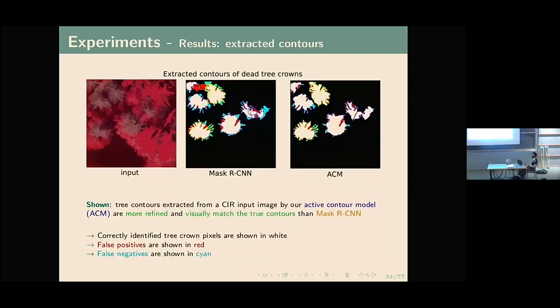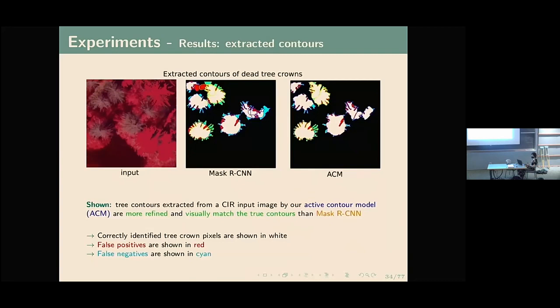Here we see an example comparison of object contours retrieved by mask RCNN in the middle and our method on the right. Specifically, the white pixels represent correctly identified tree crown pixels, whereas false positives and false negatives are shown respectively in red and cyan.